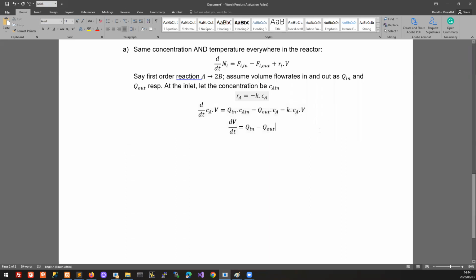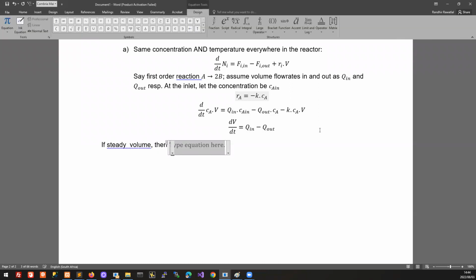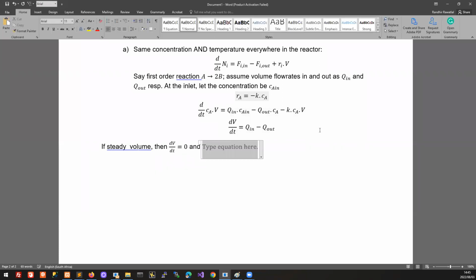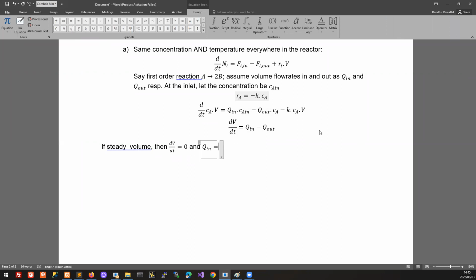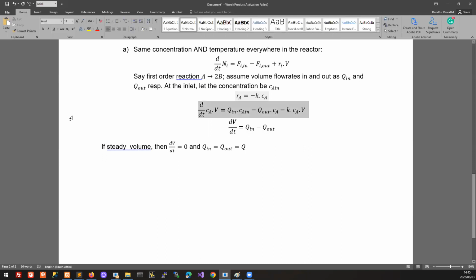But let's see if we can make a few more assumptions. So if steady volume, then dV/dt equals 0, and Q in equals Q out equals, let's just call it Q. Then we can rewrite this equation.